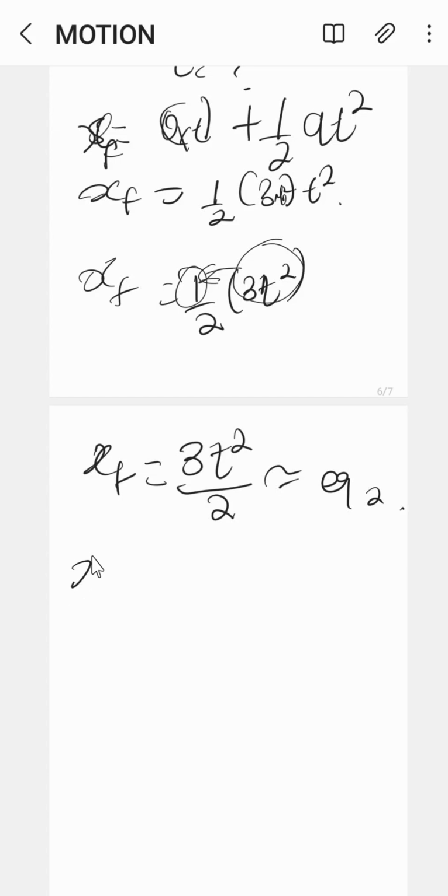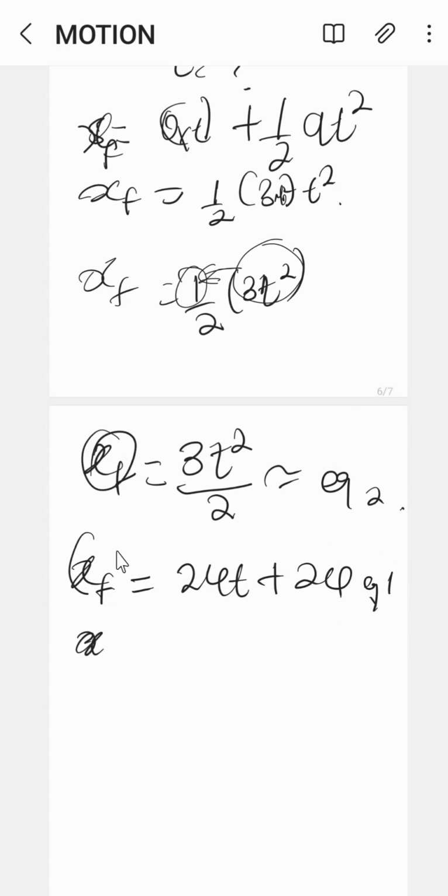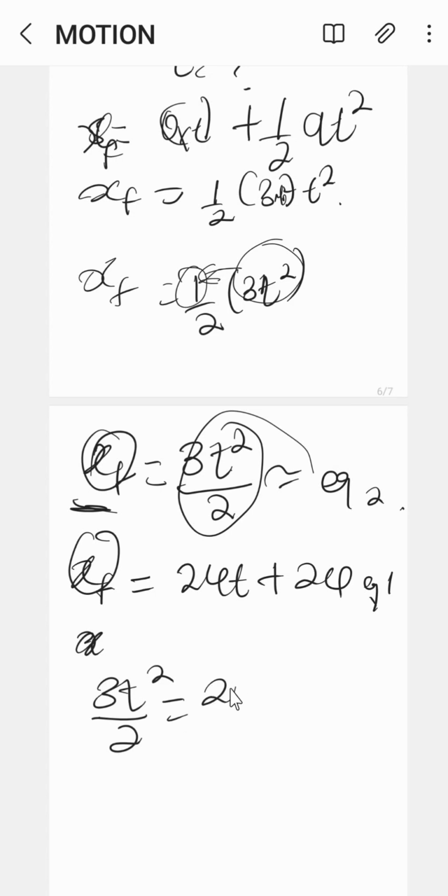We can now equate the distance, the earlier distance, which was 24t plus 24, and this was equation 1. So we can now equate these distances to be the same. While we have xf, we can replace it by that. So we have 3t squared over 2 is equal to 24t plus 24.